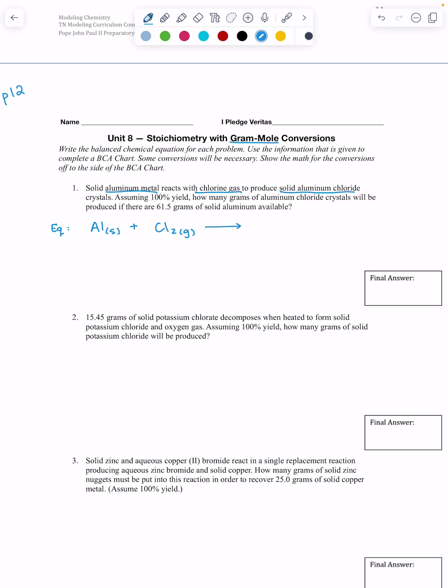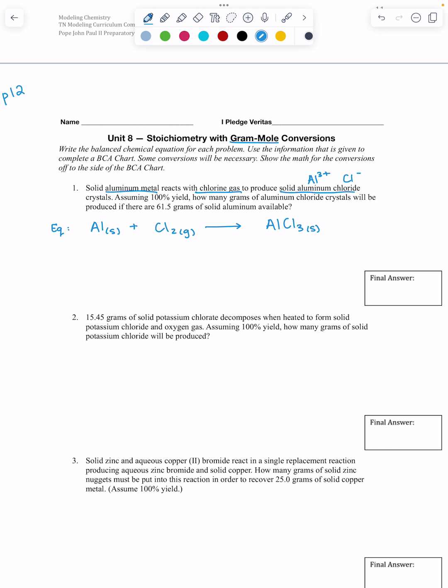So that's going to produce solid aluminum chloride. And the charge of my aluminum is 3+, and the charge of my chlorine is 3-. So that means I'm going to need 3 chlorine to create a neutral compound. So I'm going to add a 3 subscript to the chlorine.